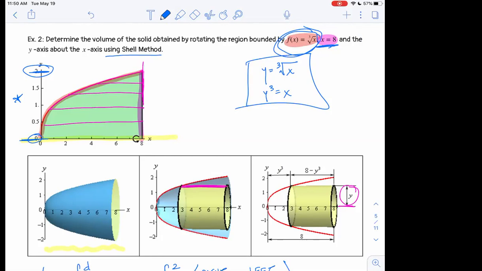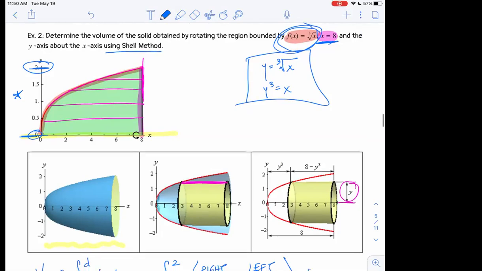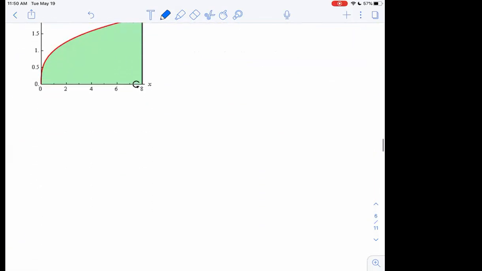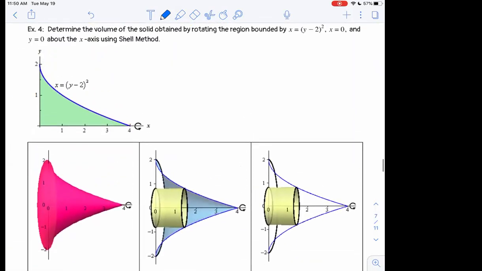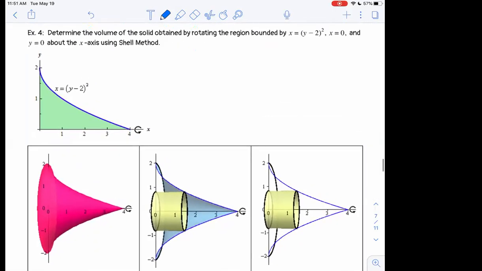Well, if there are no other questions right now, what I'd like us to do is to take a look at example 4, okay? And so this will serve as our exit ticket for today. I don't want you to solve it, okay? I want you to set it up, just like you did for last week's exit ticket where you set up the washer method, but you didn't solve it.